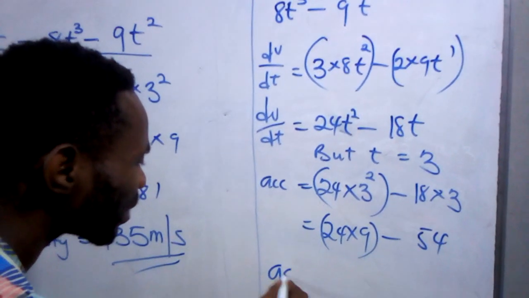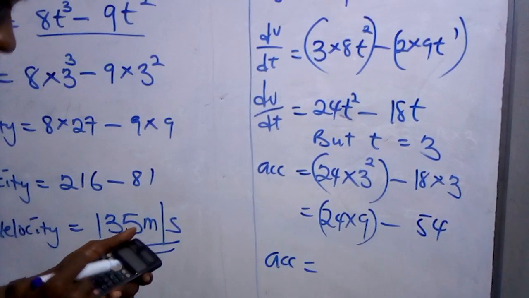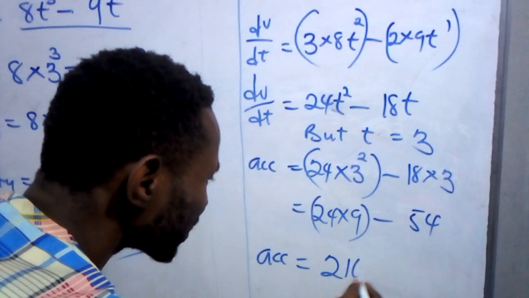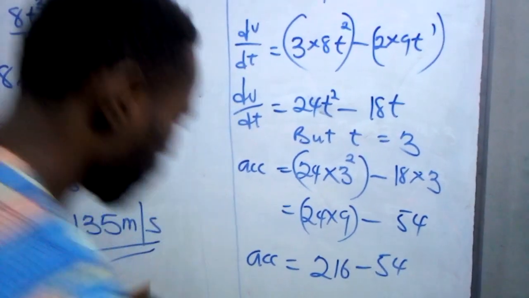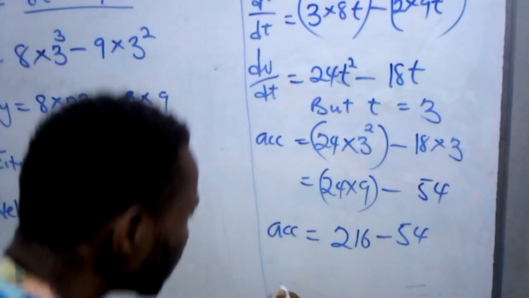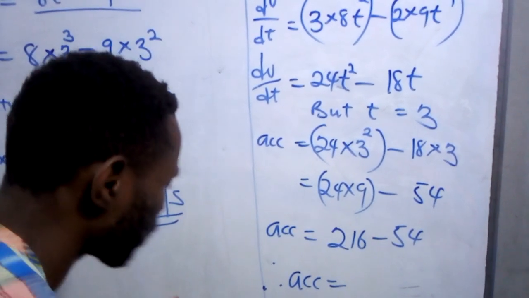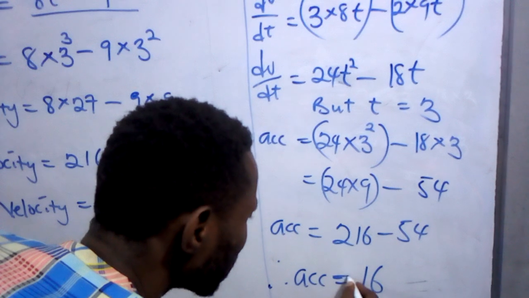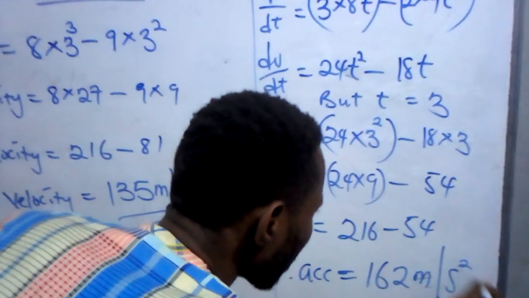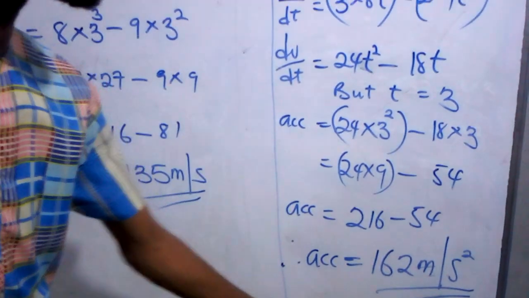If we subtract 54 from 216, that will give us 162. Therefore, the acceleration of the particle will be equal to 162 meters per second square. Remember, the unit for acceleration is meters per second square.